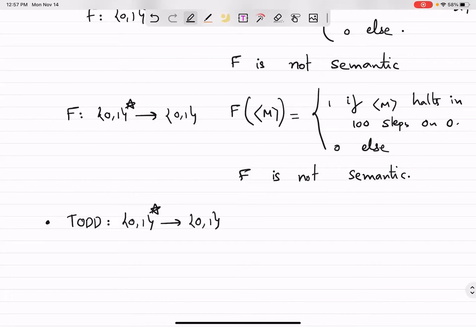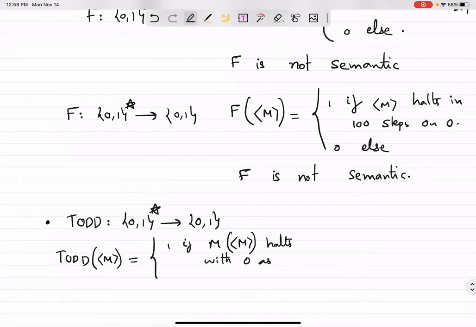When we defined the toddler function, you take the toddler of a machine as its description, and then you check: it's 1 if m halts with 0 as first bit, and 0 else. Given any input machine m, it checks whether the machine, when given itself as input, halts with 0 as the first bit of the output, and otherwise it outputs 0.